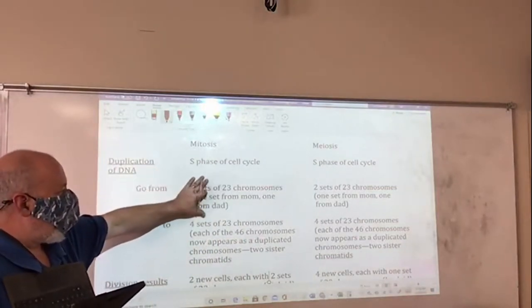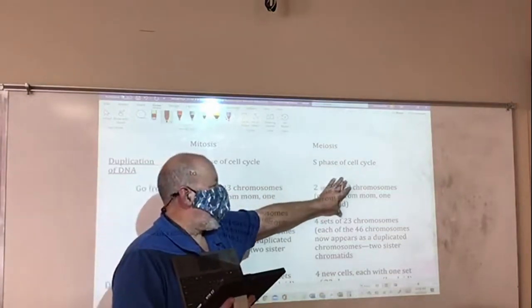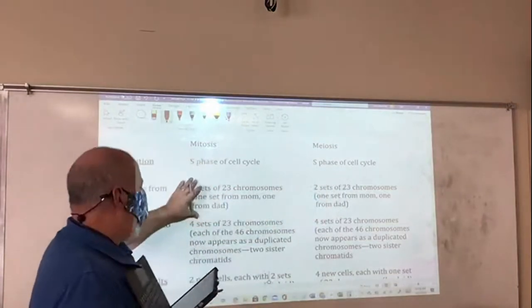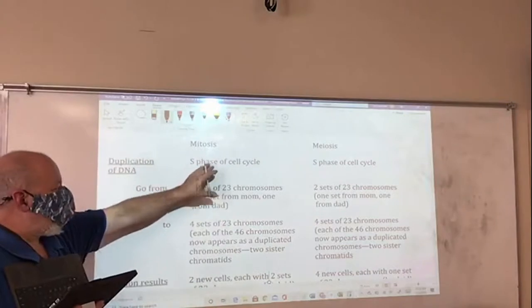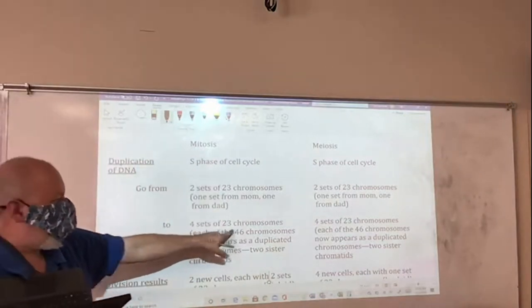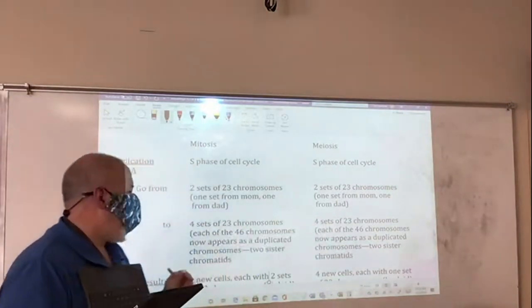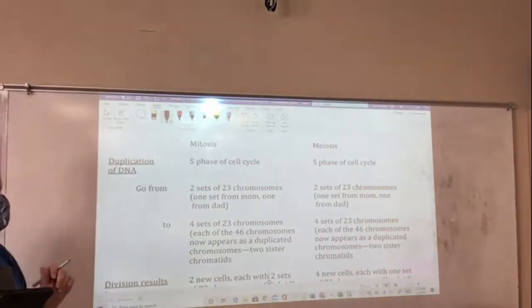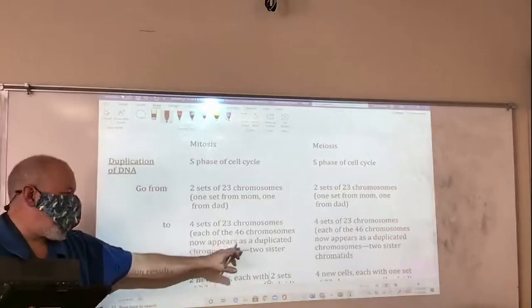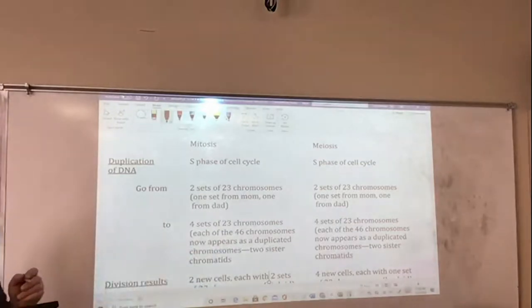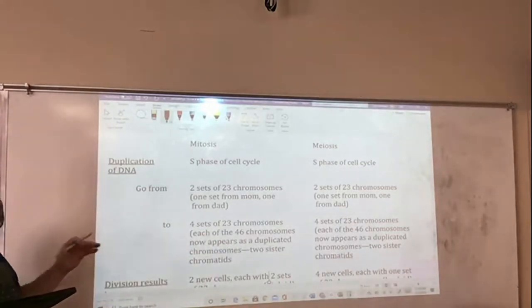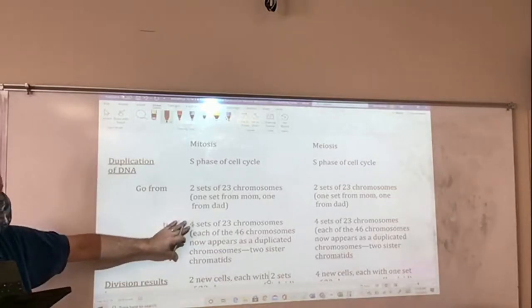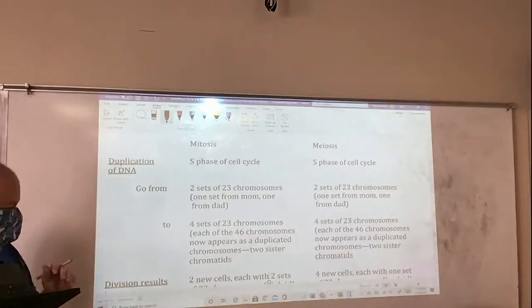I start with diploid cells, and then I undergo synthesis, and I have 4 sets of 23. Each of the 46 chromosomes now appears as duplicated chromosomes. We'll look at what that looks like under the microscope in just a second.